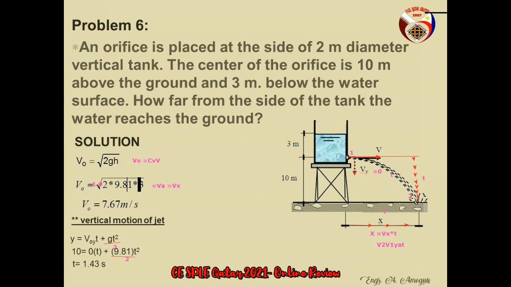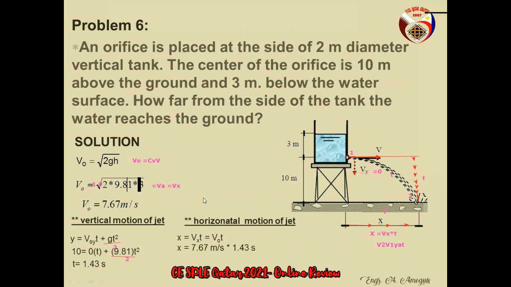Then, of course, meron ka ng time. Then you can solve distance x. Considering horizontal motion of a jet, x equals vx times time equals vo times time. Then your time is 1.43 seconds, your Vx is 7.67 meter per second.